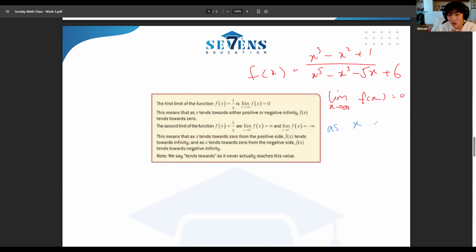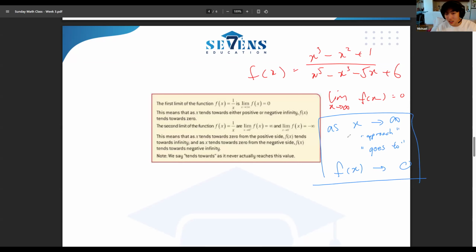As x approaches infinity, or we can say goes to infinity, f(x) goes to 0. So this is a more casual way of saying this, but it means the exact same thing as lim f(x) equals 0. Does that make sense?